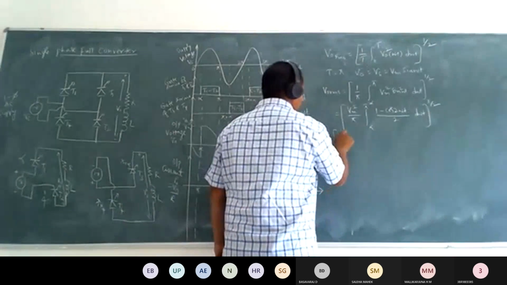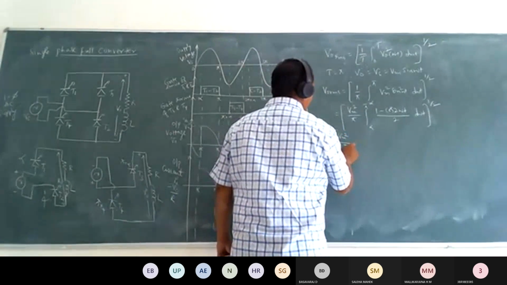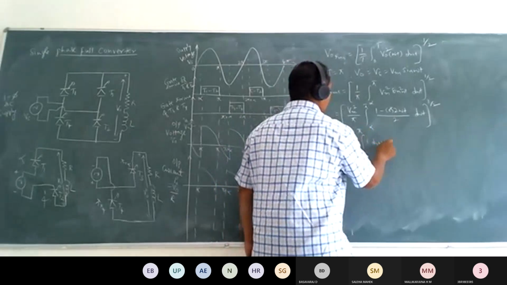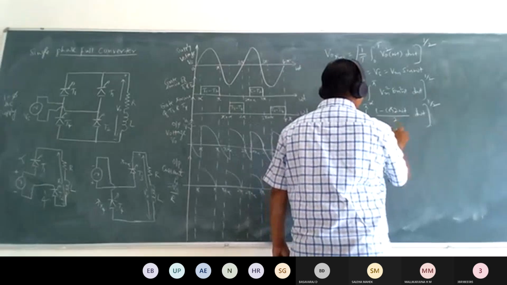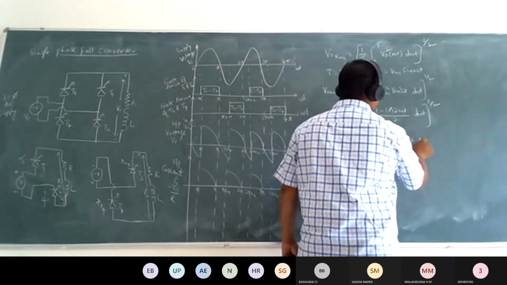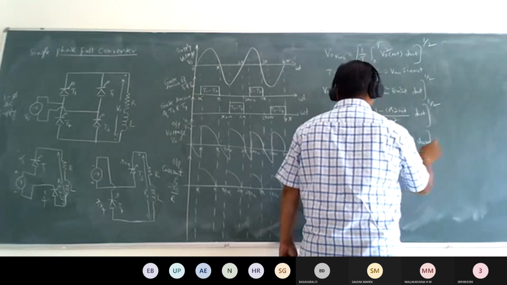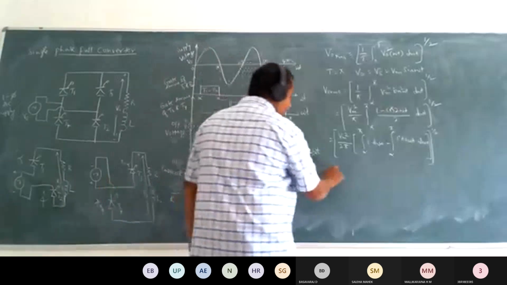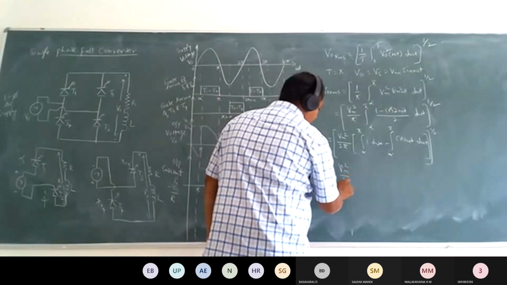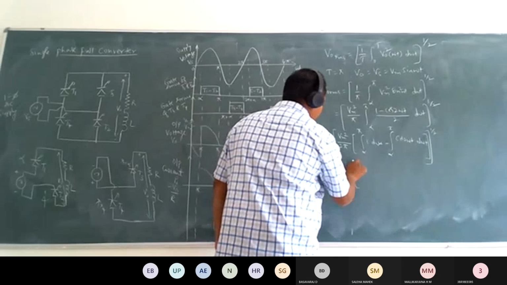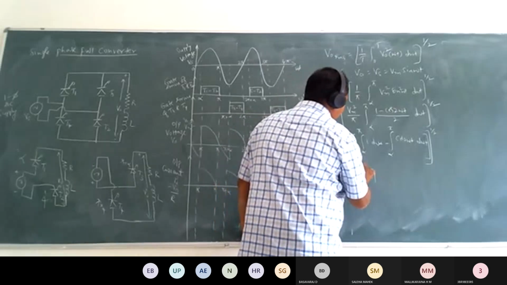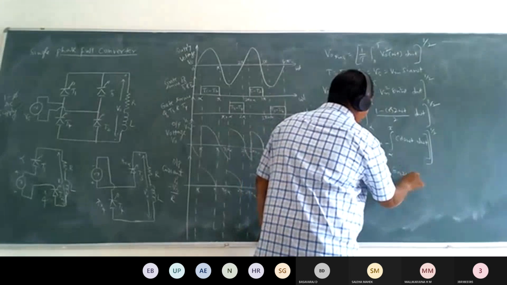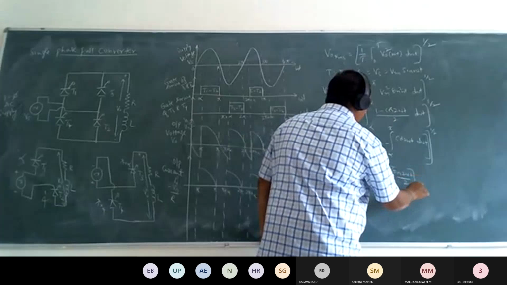Then this will be equal to Vm square divided by 2 pi, integration from alpha to pi of 1 d omega t minus integration from alpha to pi of cos 2 omega t d omega t. Then Vm square divided by 2 pi: the integration of 1 over omega t between the limits from alpha to pi, minus sin 2 omega t divided by 2 between the limits from alpha to pi.